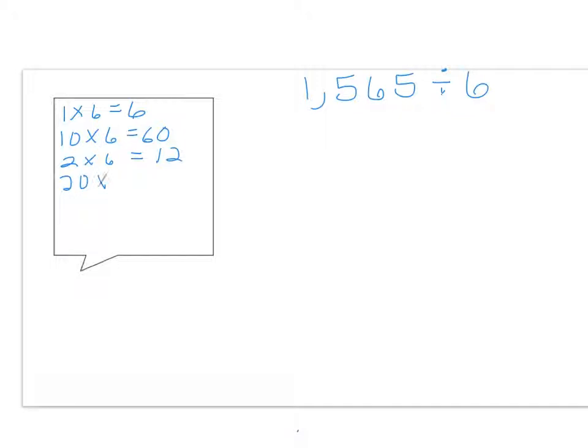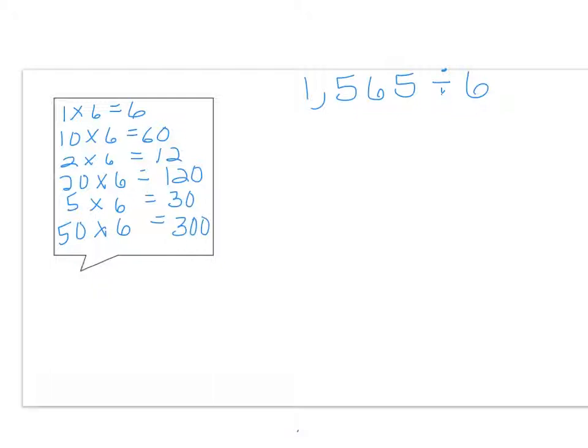20 times 6 equals 120. 5 times 6 equals 30. And then 50 times 6 is equal to 300.